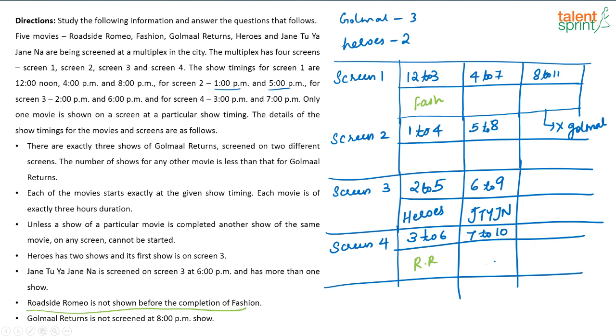If this is Fashion, then where can I place Golmaal? So this can be Golmaal, Golmaal and Golmaal, right? Only place where without overlapping I can place it is here. Now if these 3 are Golmaal, then we are left with Jane Tu Ya Jane Na and Heroes, correct?